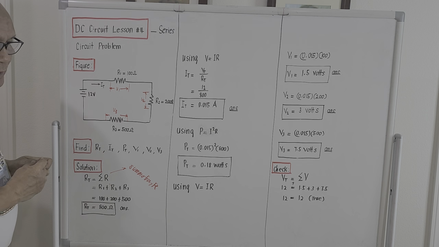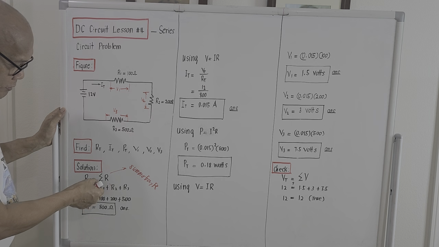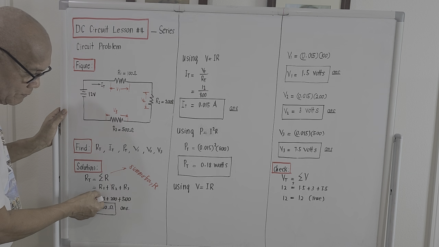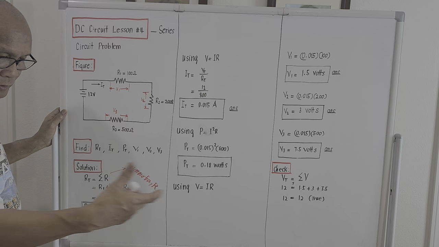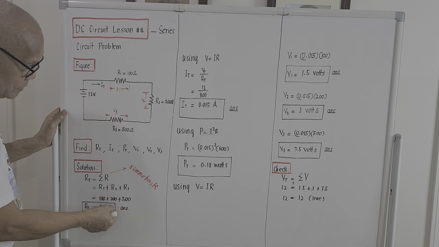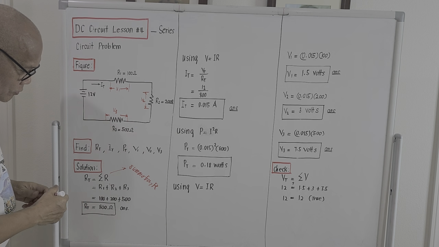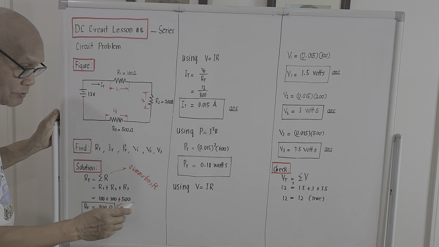Since there are only 3 resistances which are connected in series, this sigma notation can just be represented by R sub 1 plus R sub 2 plus R sub 3. Substituting values, this is 100 plus 200 plus 500. The total resistance of the entire circuit will be 800 ohms. As simple as that one.